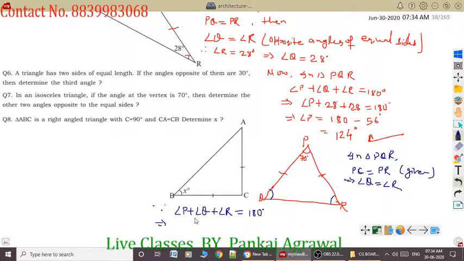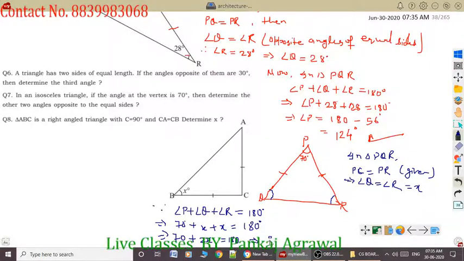Put the value of all angles, whatever is given. Angle P is given 70 degrees. Suppose the equal angles you take as X. So you can write X plus X, and then 70 plus 2X equal to 180.